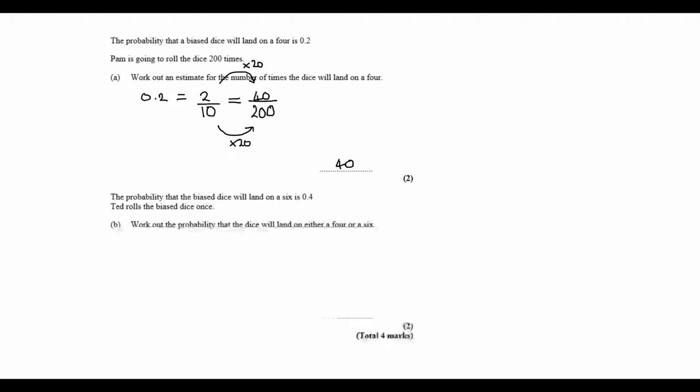Another way of doing that question is just to use the relationship that expected number equals probability times the number of trials.